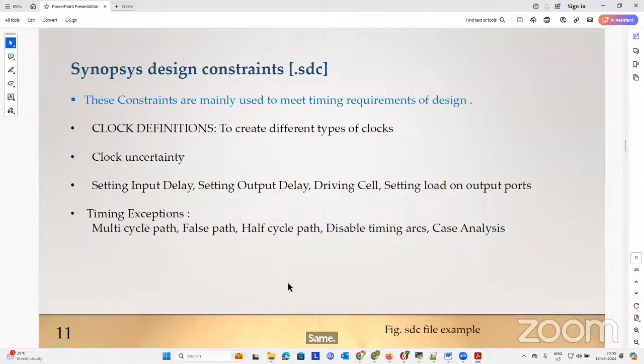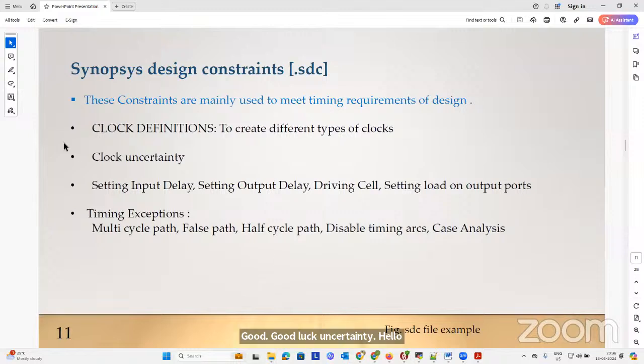Also timing exceptions like multi-cycle path, false path, half-cycle path, disable timing arcs, case analysis. When the static timing analysis topic comes, I'll teach you all these concepts in detail.